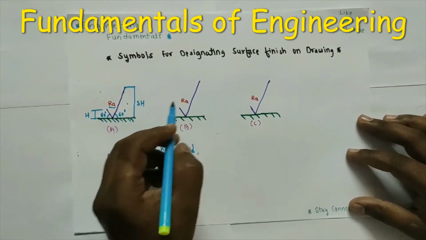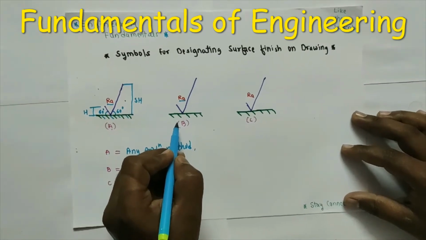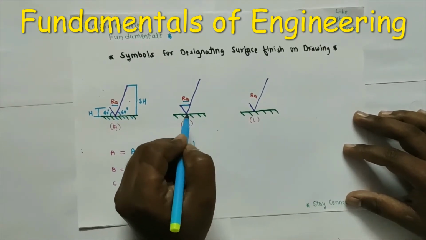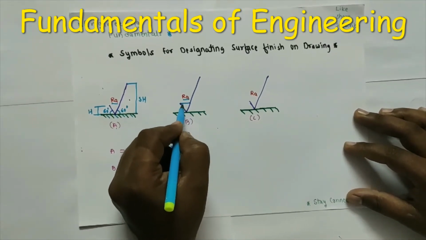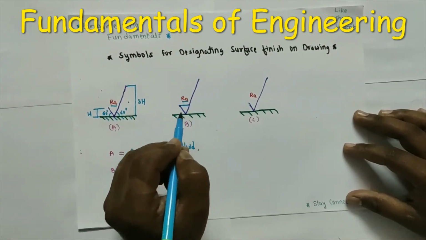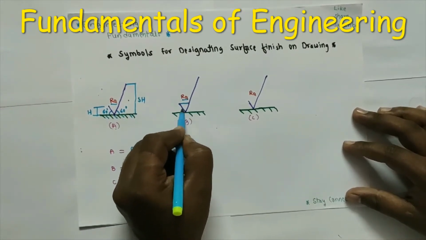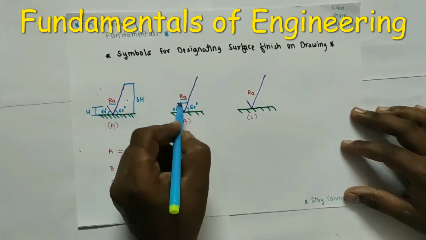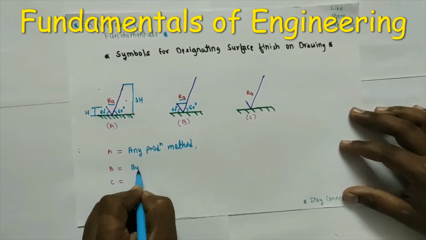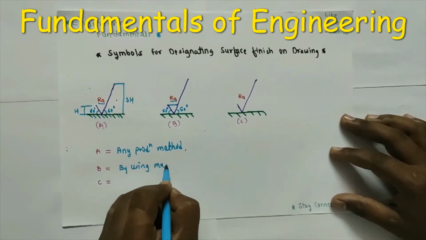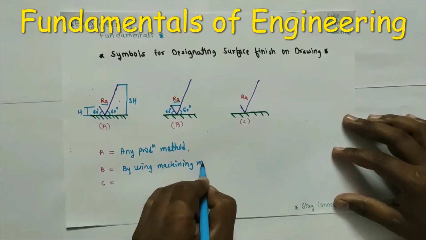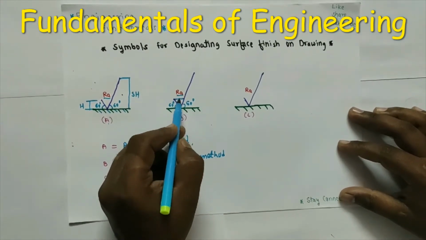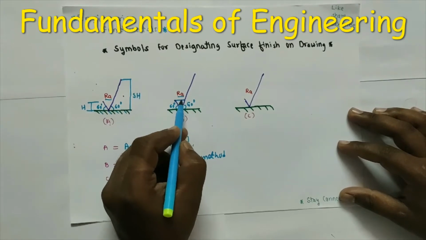Then if this Ra value is obtained by a machining method, the small line is joined with the larger line at 60 degrees, giving a reverse triangle. If this formation is given, the Ra value is obtained by a machining method, meaning a turning, drilling, milling or grinding process.